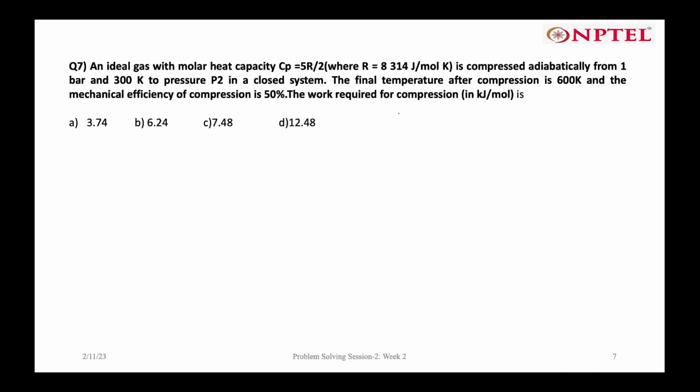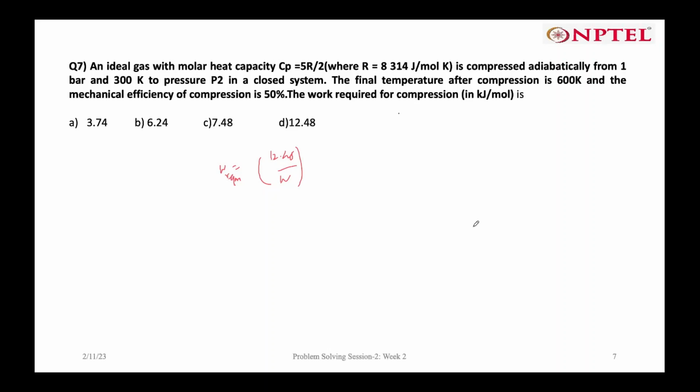So after getting 12.48, in the question statement the mechanical efficiency for the compression is given as 50%. So this is 12.48 divided by efficiency, then you get 7.48 kilojoule per mole. After dividing by the efficiency, we got 6.24 answer. 7.48. One minute.